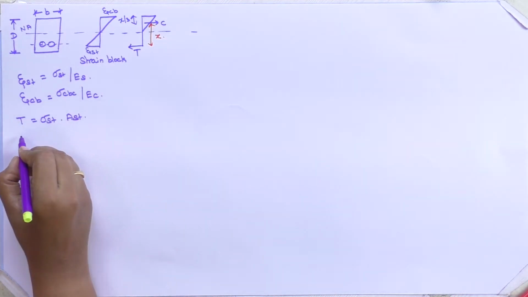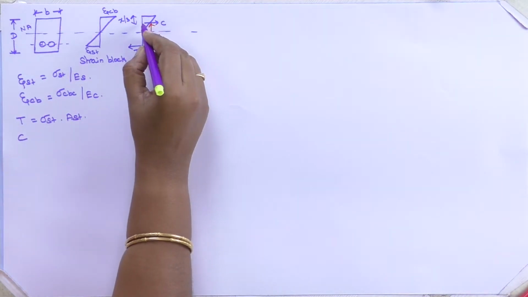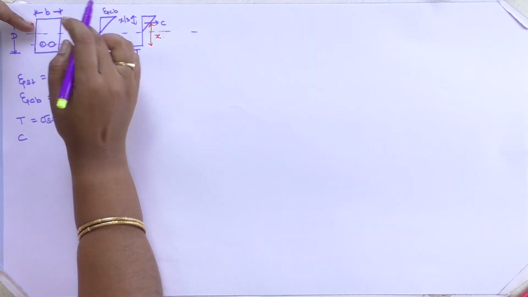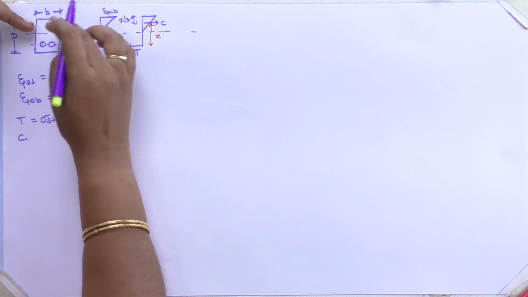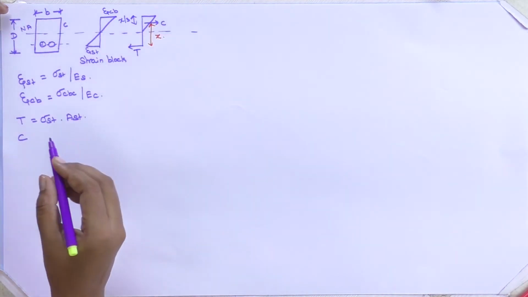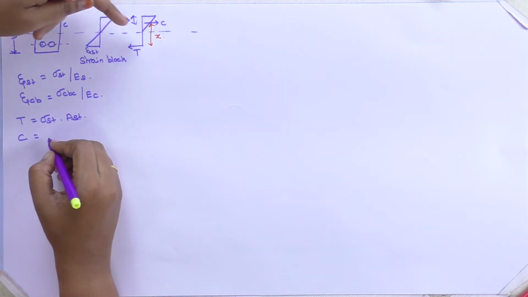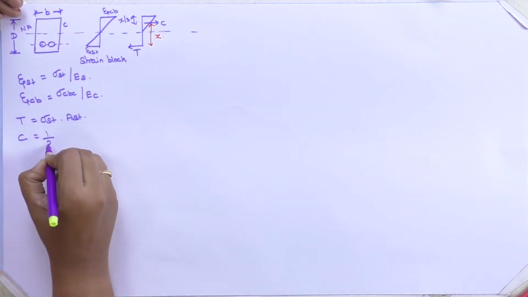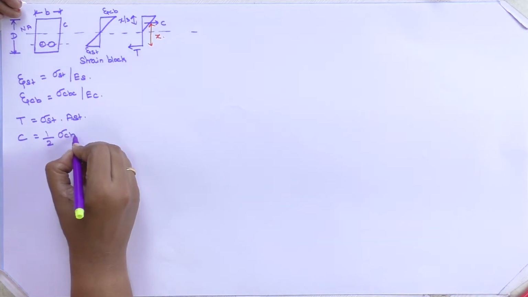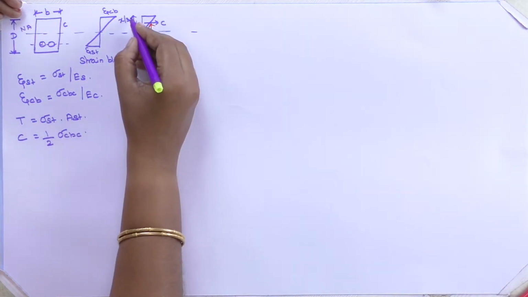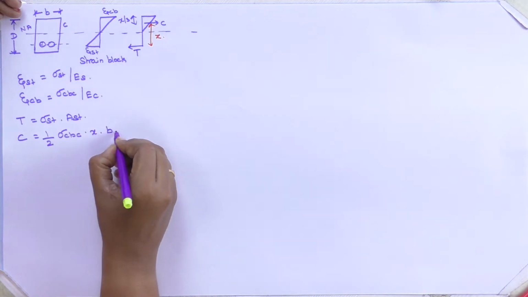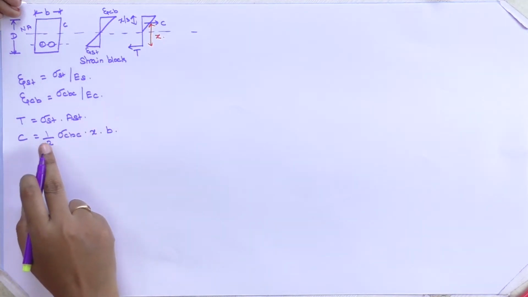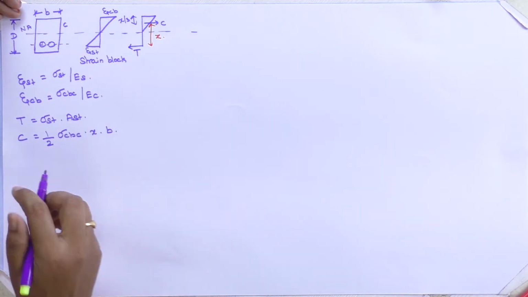This is the formula. Then the compression force which is acting is being taken care by the concrete alone. Here we are not having any steel. This compression part is being taken care by our concrete. So the compressive force C we can write it as, this is the triangular fashion, the area of triangle is half into base into height, half sigma CBC, the height is x times your breadth of your beam. So this is the formula for T, sigma st into AST. C is half sigma CBC into xb.